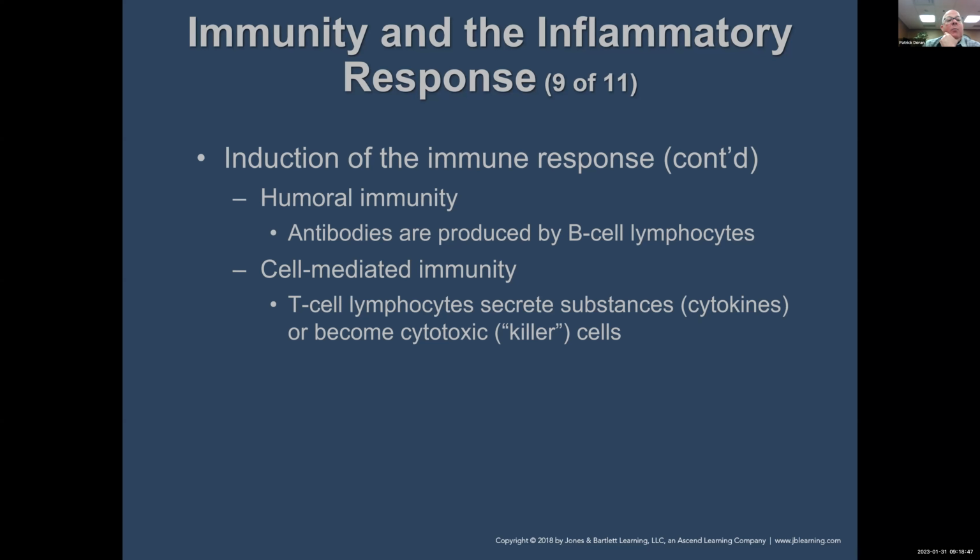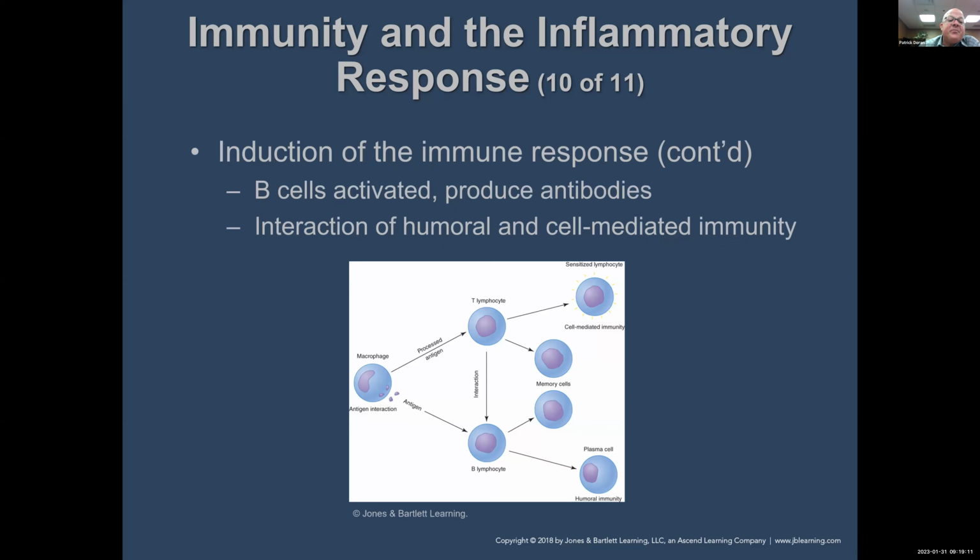So when we talk about our immune response, antibodies are produced by the B cell lymphocytes, and then we have the killer cells that go out and gobble up all of the garbage or the disease, the virus, and those are the cytokines or the cytotoxic killer cells. There's a depiction of what we talked about.